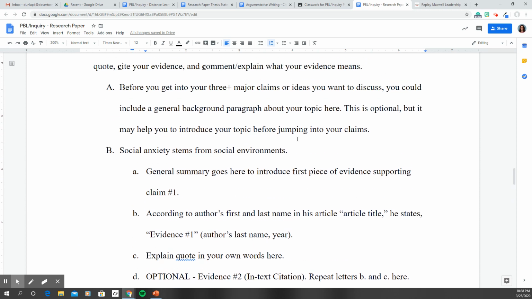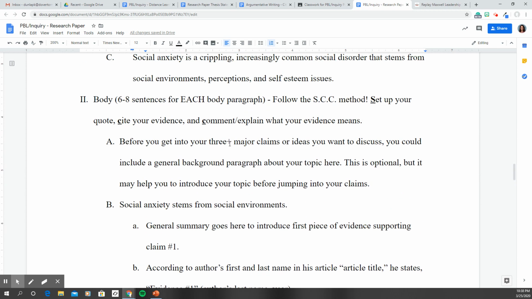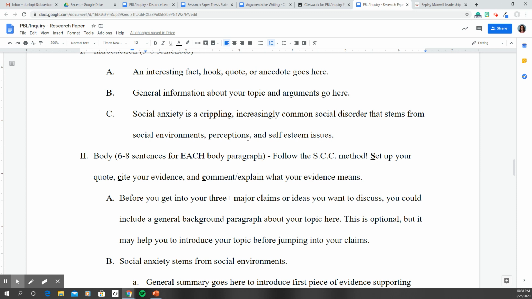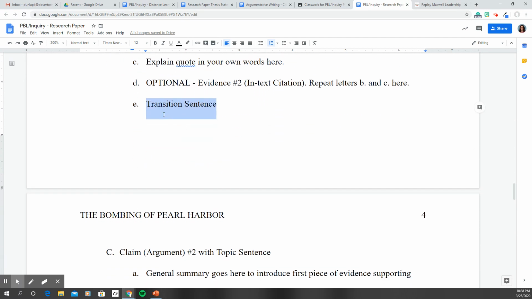So I could say something like, going back to his thesis up here, another way social anxiety, or something about like, how could we say this? Perceptions. Another issue dealing with social anxiety is perceptions, or how people perceive this diagnosis or disorder.